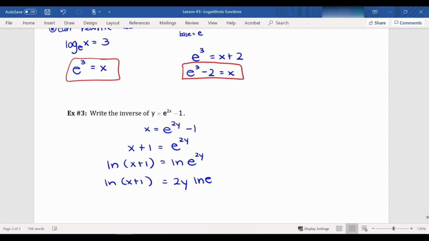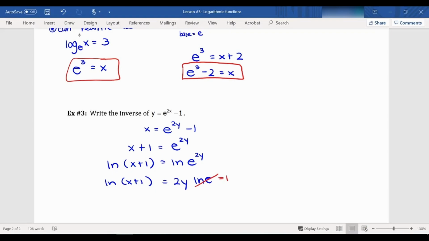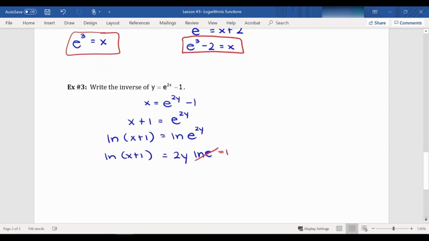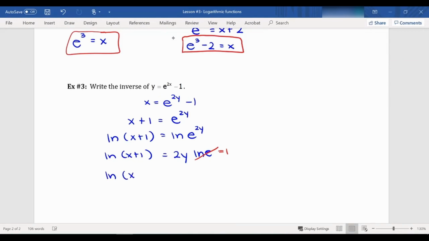You won't use 2 separate steps for this. Now, once I do this, I know ln e is equal to 1, so I can stop writing ln e. So I have ln of x plus 1 equals 2y. Divide by 2, and I get ln of x plus 1 over 2 equals y.